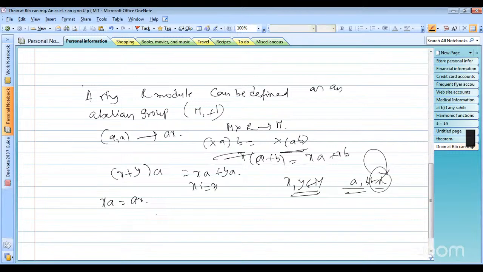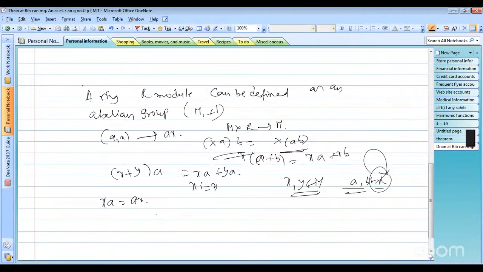There are many examples, and we have to prove the following elementary properties. Note that the additive operation in R and in M will be denoted by the symbol plus, and the additive identity by the symbol 0.